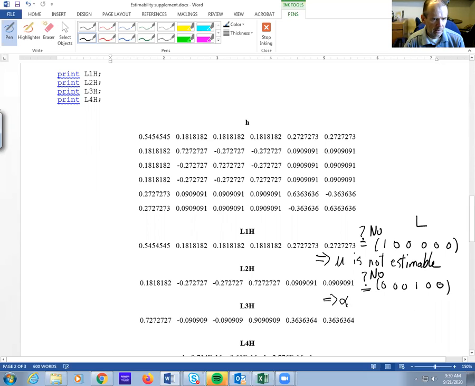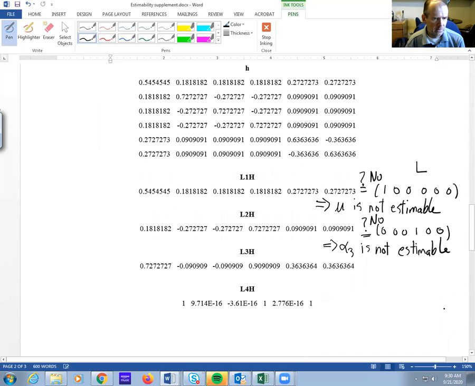So alpha 3 is not estimable. The next one was mu plus alpha 3. Are those equal? No, clearly not. So mu plus alpha 3 is not estimable.